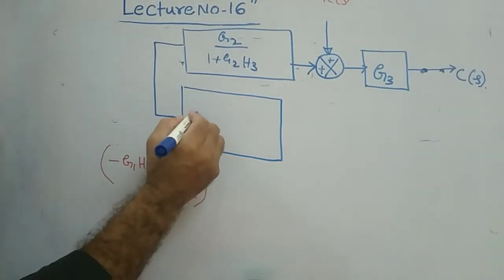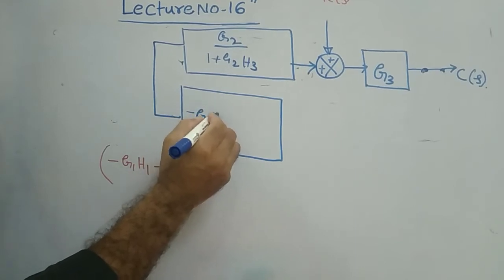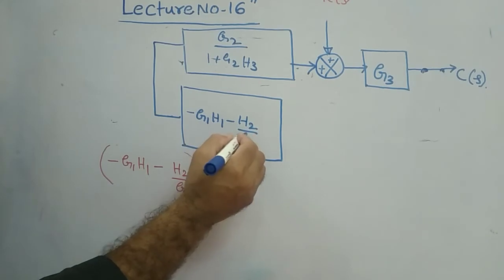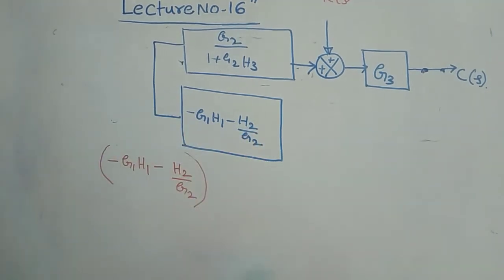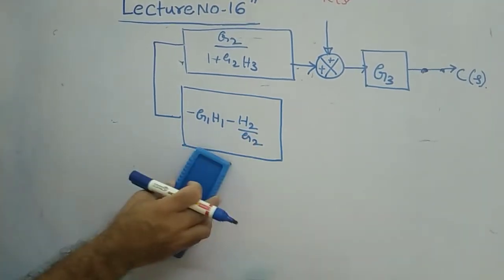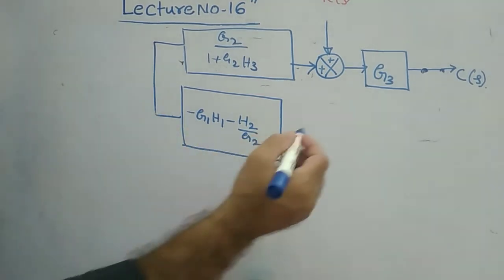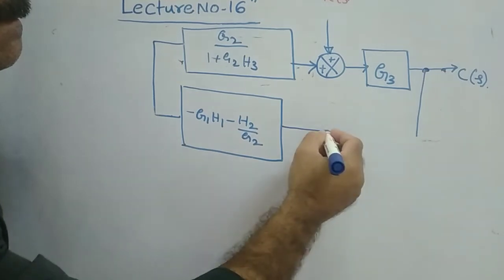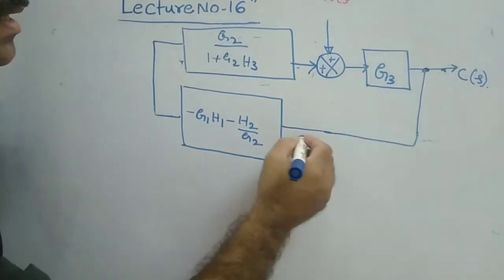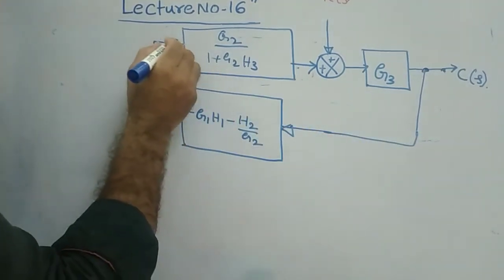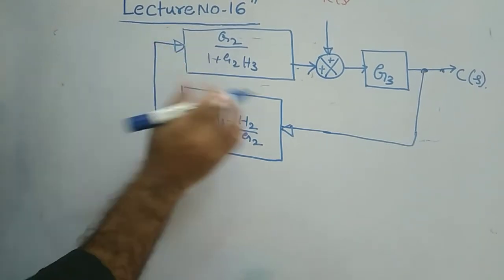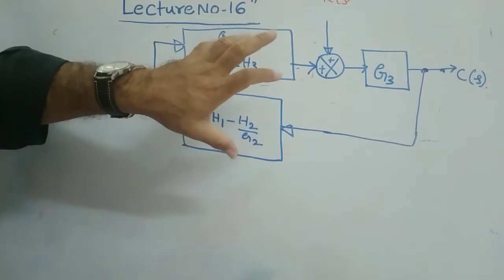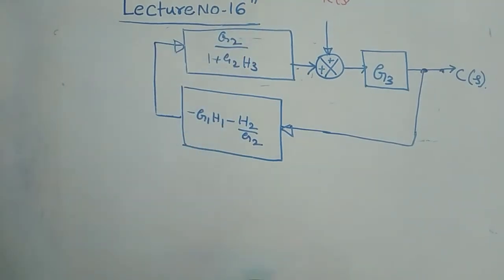In this box you write: minus G1 H1 minus H2 by G2. That's all. It is going forward only. Now your block has been almost all reduced to the maximum extent.